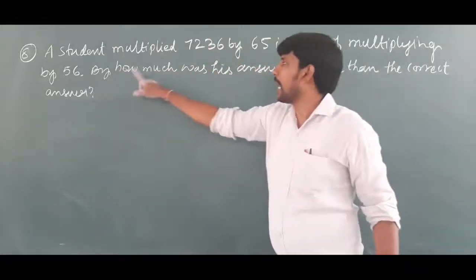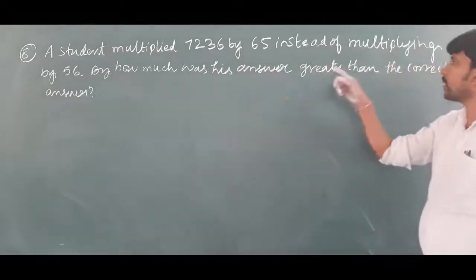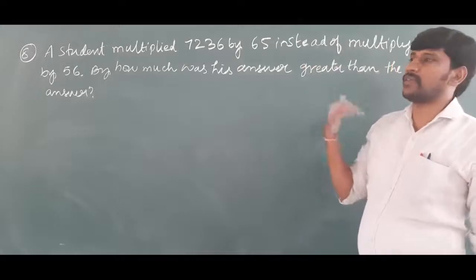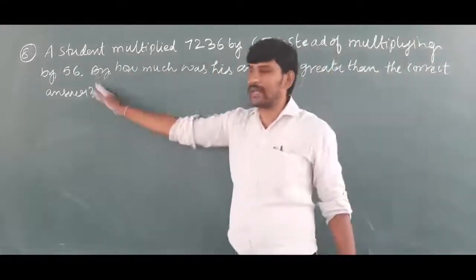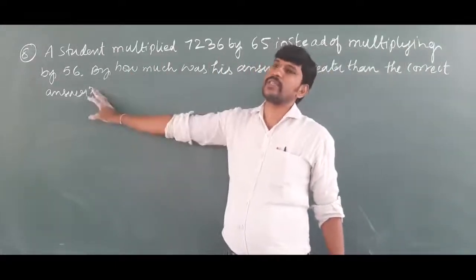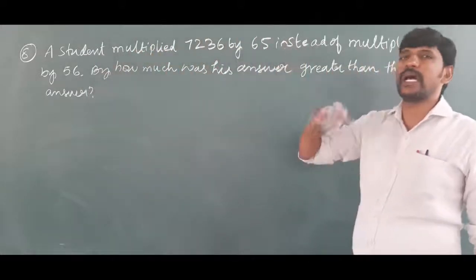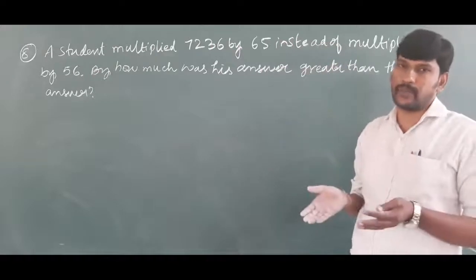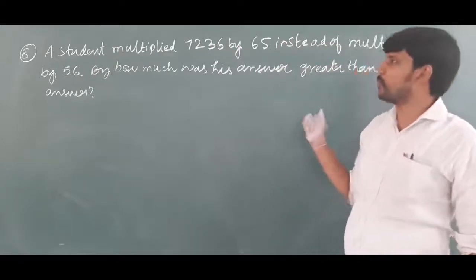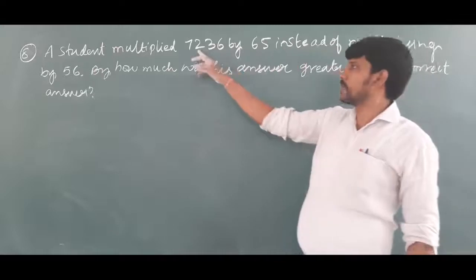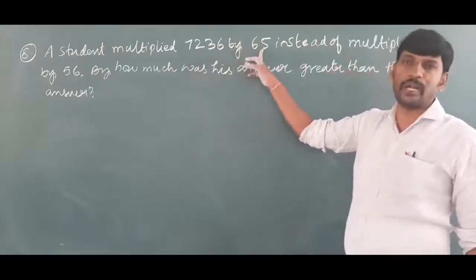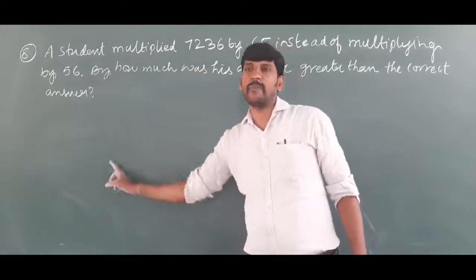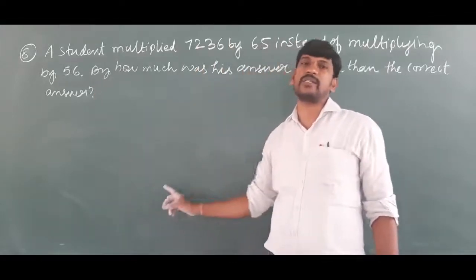By how much was his answer greater than the correct answer? When we multiply with 56 he will get one answer, but instead he multiplied with 65, so the answer will become more. How much bigger it is than the correct answer, that we are going to find out. So we need to multiply 7236 into 65 and 7236 into 56.